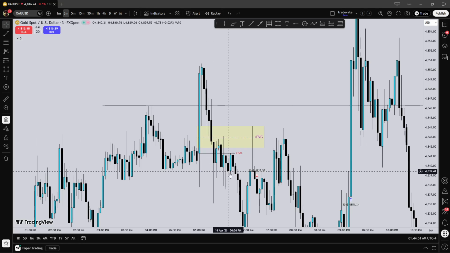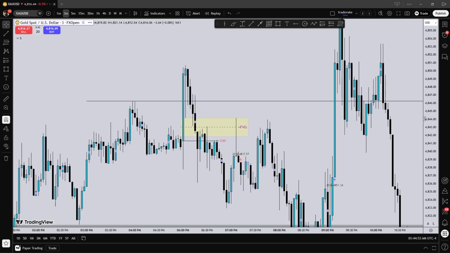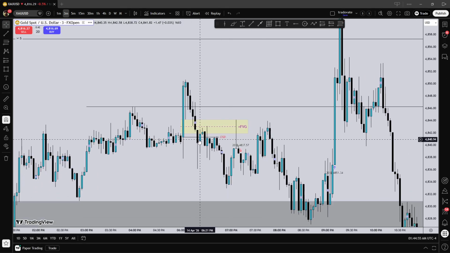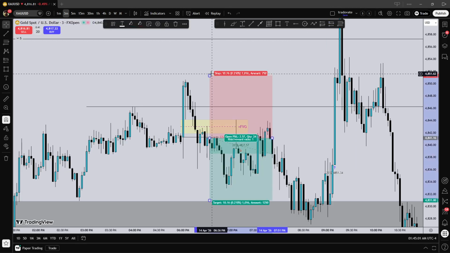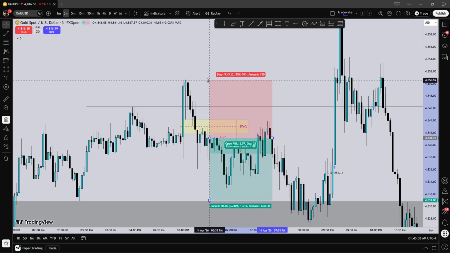And I actively wasn't looking for entries because price did give a quick delivery right here. So stops resting above here.